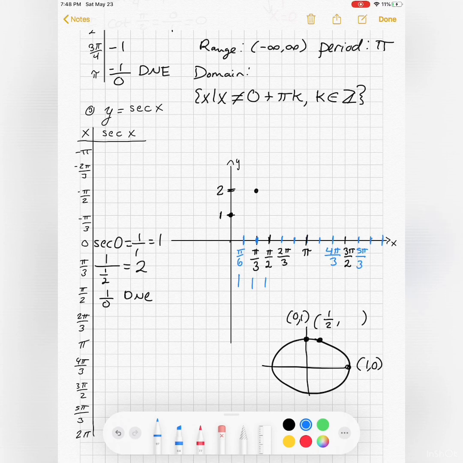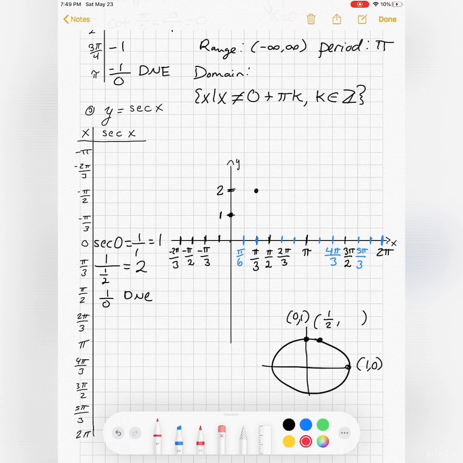This would be 11/6, and then 12/6 is 2 pi. Okay, and let's see, we could have -1/6, -2/6, -3/6, -4/6, okay, etc. So back to the table.